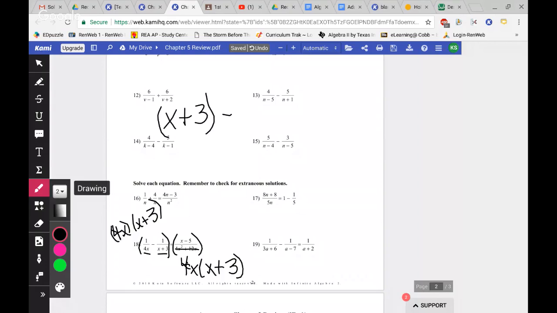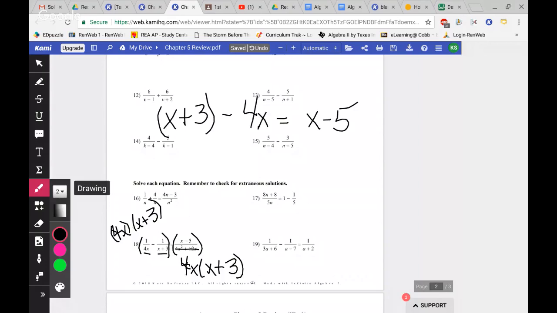So 4x times 1 is 4x. Equals, and then on this side, that whole 4x squared plus 12x is actually the greatest common denominator. So it leaves you with just that x minus 5. It stays all by itself.